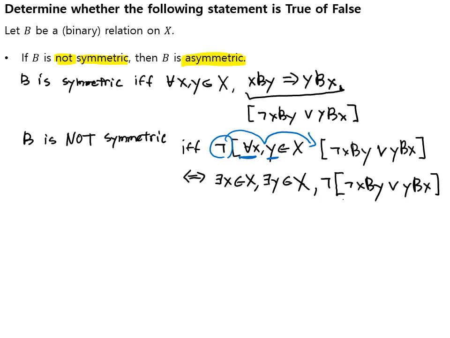And from this, we can again use De Morgan's law to insert the negation sign inside the parenthesis, which gives us not x be y and not y be x.